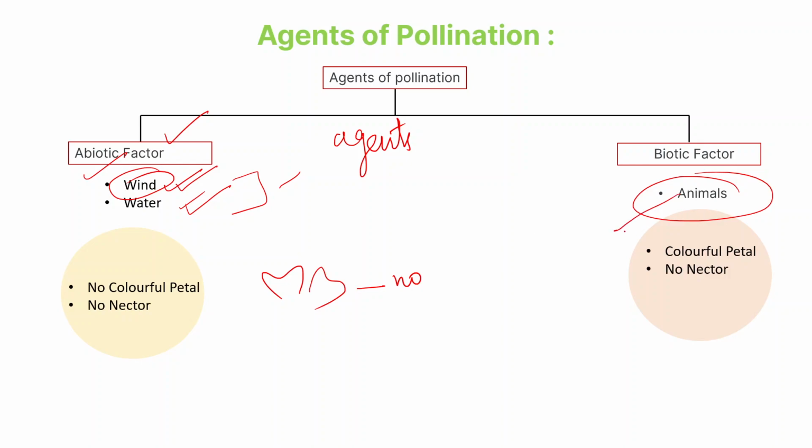But for flowers in which pollination occurs by animals, insects or birds, to attract them they might need colorful petals, they might need nectar, right? They might need aroma.